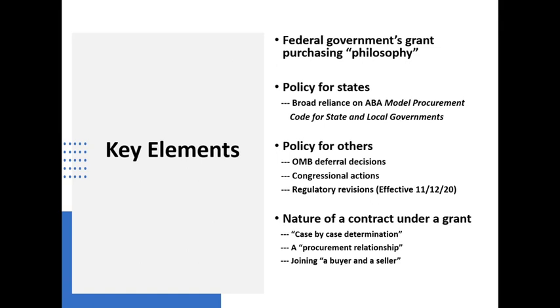This is something that was developed by the American Bar Association back in the 1970s, and at least 45 states have adopted all or a portion of that model code. So the assumption the federal government made is if the state government adopted the model code, it's got a set of purchasing procedures that aligns very nicely with what the federal government expects in terms of accountability for the funds.